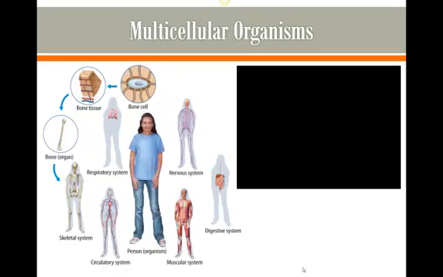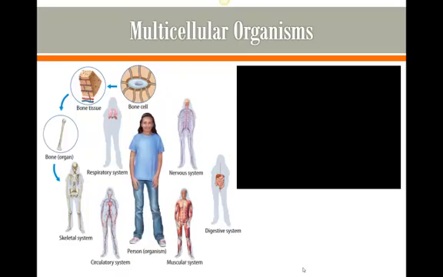Now, what is a complete living thing? It's an organism. And all organisms are made up of cells. They could be made up of one cell, which is called unicellular, or they can be made up of more than one cell, which is called multicellular.